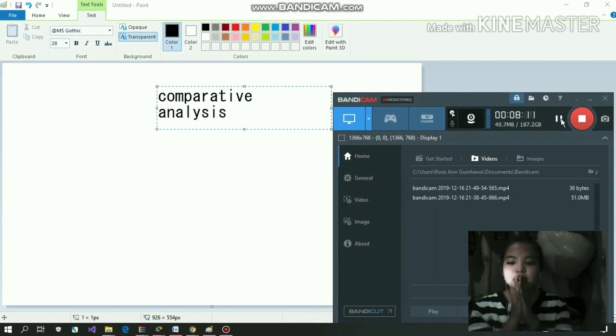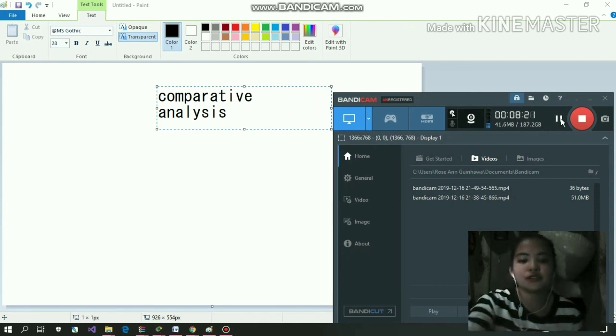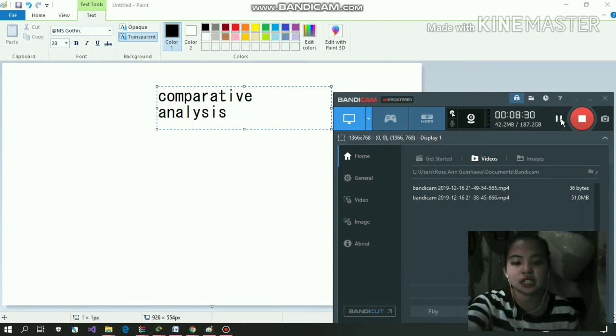So I will give you the advantages and disadvantages of the ring topology. We have 4 advantages and 2 disadvantages from the ring topology.